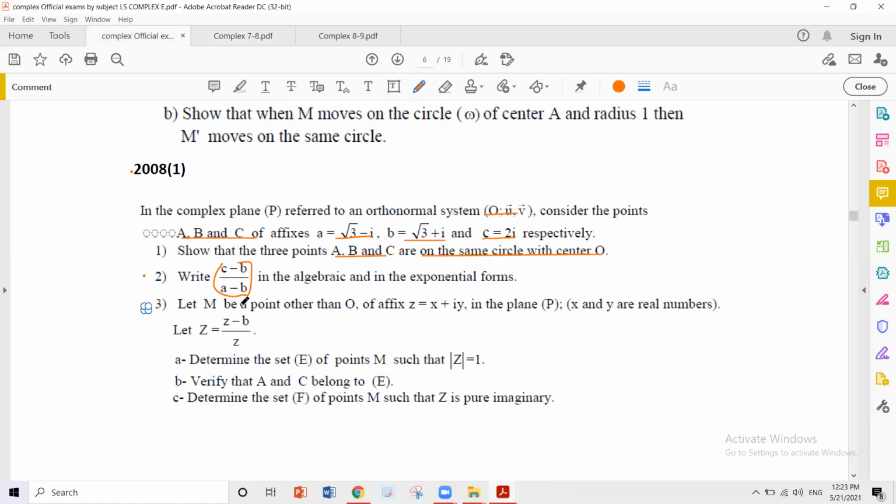Part 3. Let M be a point other than O, M a point other than O of affix z equal x plus iy, in the plane P, x and y are real numbers. Let Z equal z minus b over z.